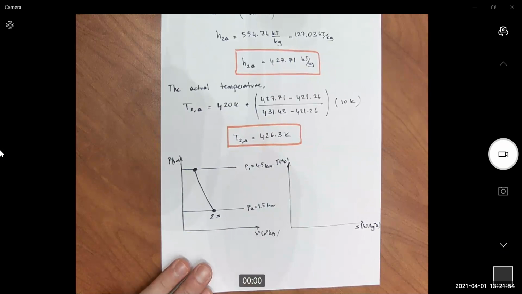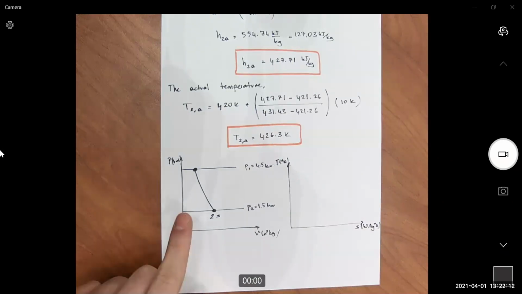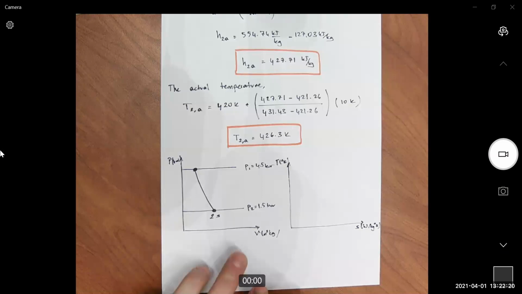We introduced PV and TS diagrams for isentropic, isothermal, isobaric, adiabatic, and isometric processes in the previous lecture, showing how they look. Remember those? You can go and double check why I showed it like this. For an ideal case, it's isentropic.